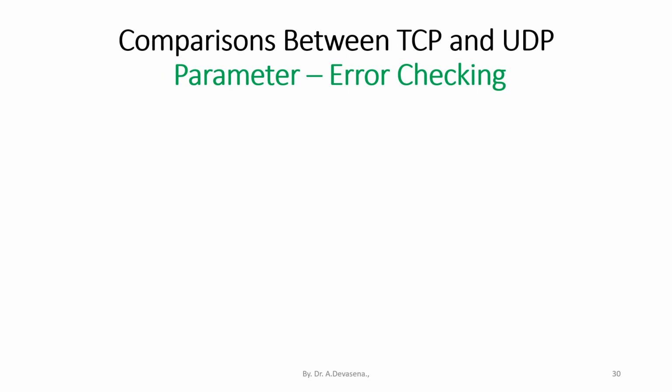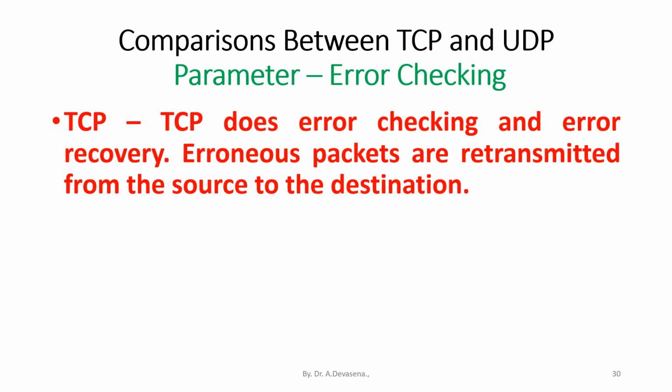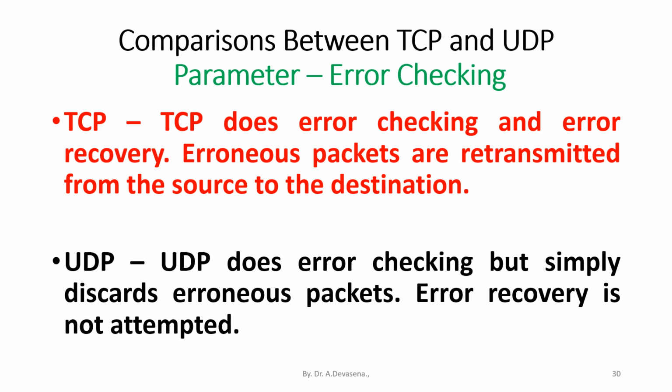We consider the error checking parameter. TCP does error checking and error recovery. Erroneous packets are retransmitted from the source to the destination. UDP does error checking but simply discards erroneous packets. Error recovery is not attempted.